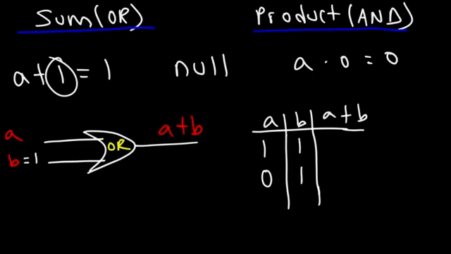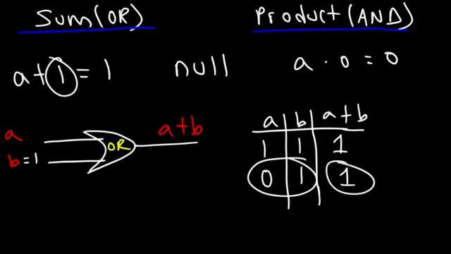So if A and B are both in the on state, then this logic gate will be on. So we're going to give it a value of 1. Here, B is on, A is off. So if one of the inputs is on, for the OR gate, the output will be on. So in this case, if A and B are in the on state, we can see that the output is 1. Here, if B is on, A is off, the output is still 1.